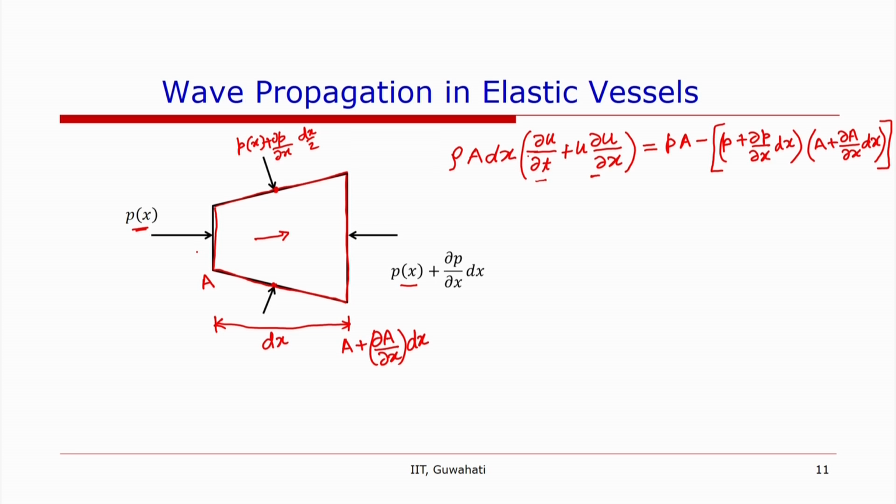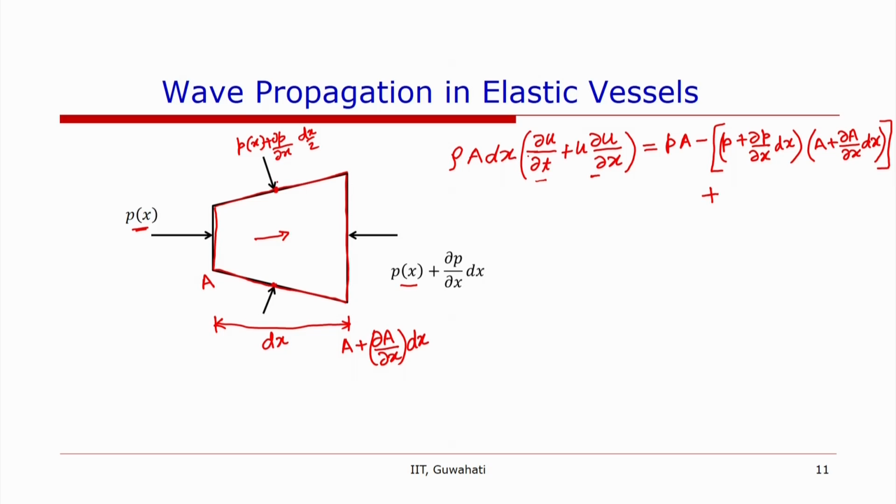So these are the forces that are acting on these two ends, and the third force will also be because of pressure, that will come from the total sum of these two pressures acting on these walls. So that will be the projected area multiplied by the pressure.